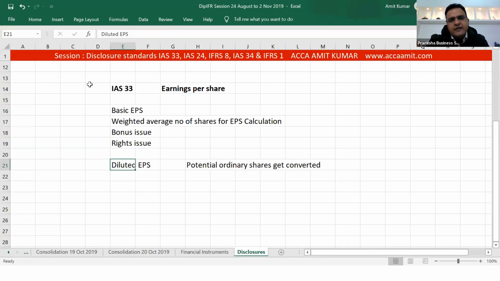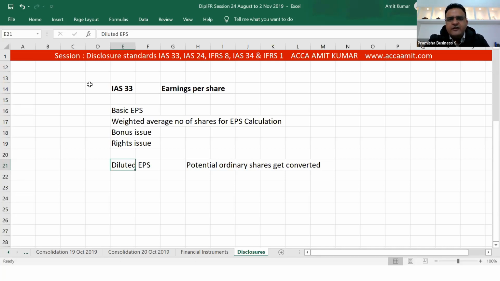Now in comparison to it, if we do not pay back this money and if we convert it into ordinary shares, in comparison to it, we were able to retain some income, earnings because of retaining this interest. But how many shares got increased because of this dilution? Now, if there is any dilutive effect of these transactions, we include them as part of diluted EPS.